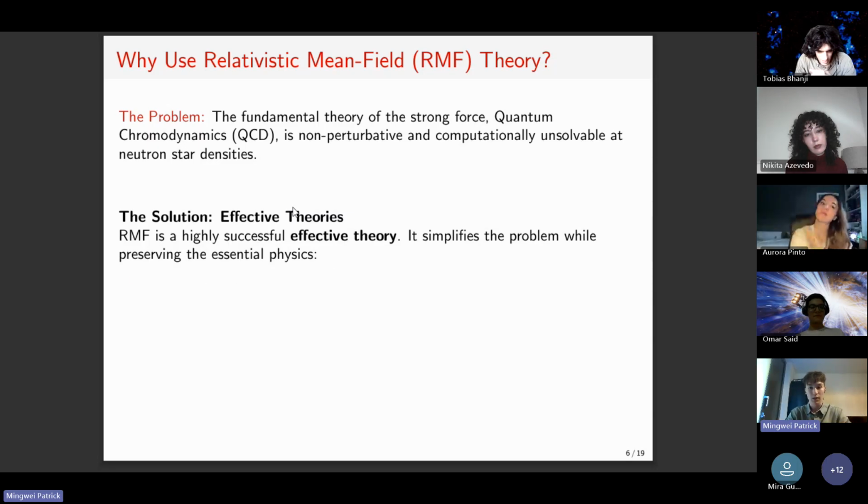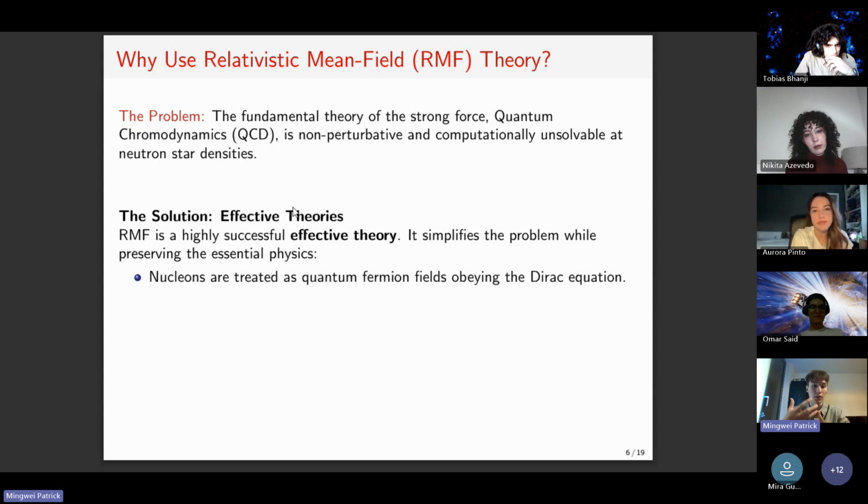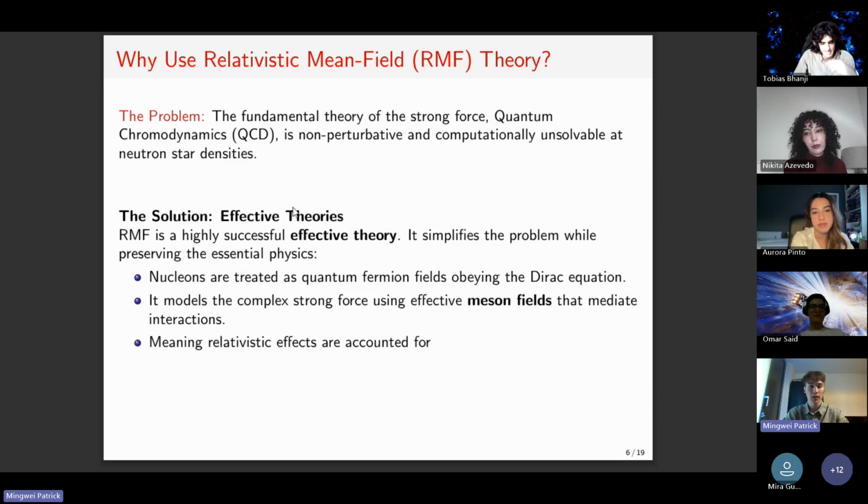And so it does this. It implements quantum mechanics by treating nucleons, because we're looking at nucleons, not quarks, as quantum fermionic fields obeying the Dirac equation. The intricacies are not important, but if you notice, they are fermions, which means that they will create that degenerate pressure due to the Pauli exclusion principle. We also have the fact that we're modeling the complex strong force using effective meson fields that mediate those interactions. And these two facts in tandem also mean that we are accounting for relativistic effects.